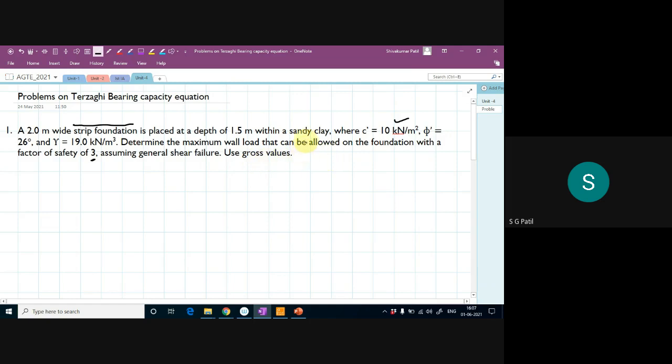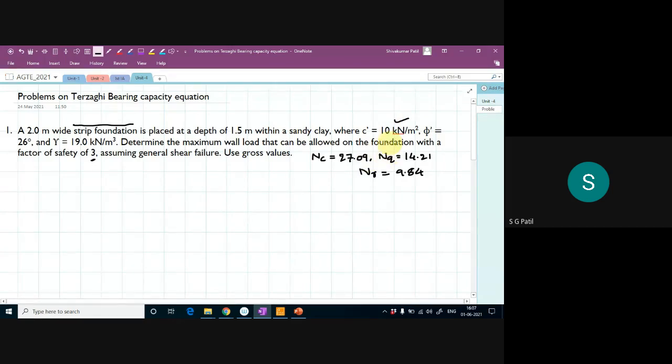They have given Nc is equal to 27.09, Nq is equal to 14.21, and N gamma is equal to 9.84. So these are the given data.